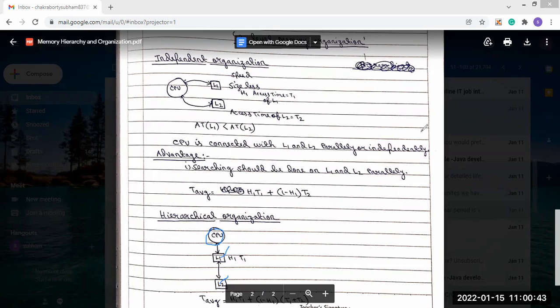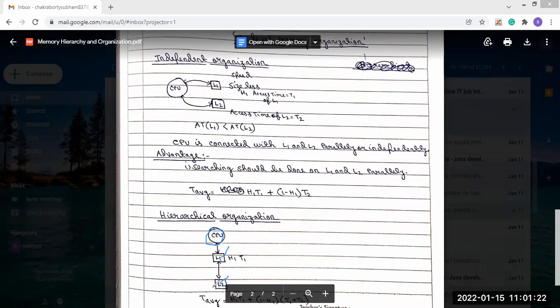If we remember the hierarchy order, whichever level has high speed and low access time has less storage capacity, whereas the level with the maximum storage has more access time. If speed is high, the access time is low. If the speed is low, the access time will be much more.